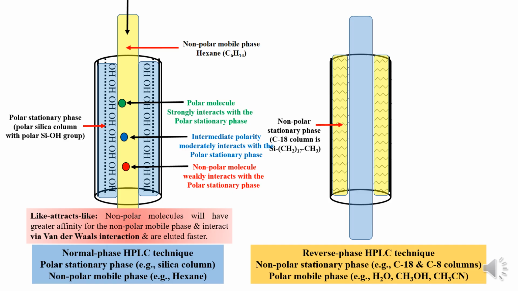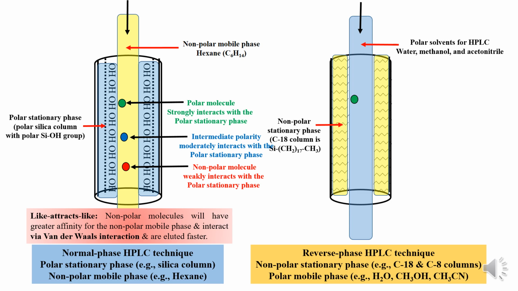Through this non-polar stationary phase tightly packed in the column, a polar mobile phase flows to the column under high pressure. Some of the commonly used polar solvents for HPLC are water, methanol and acetonitrile.